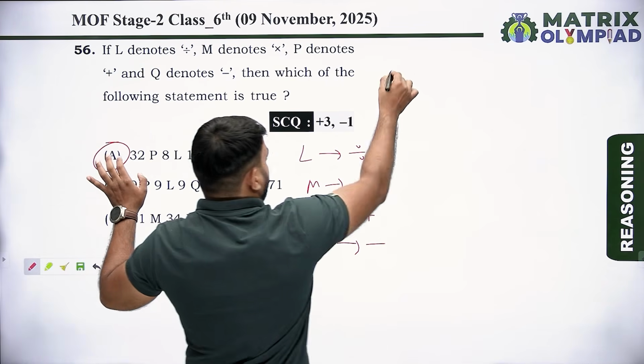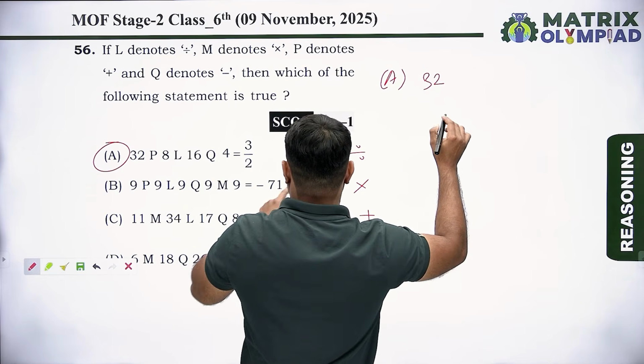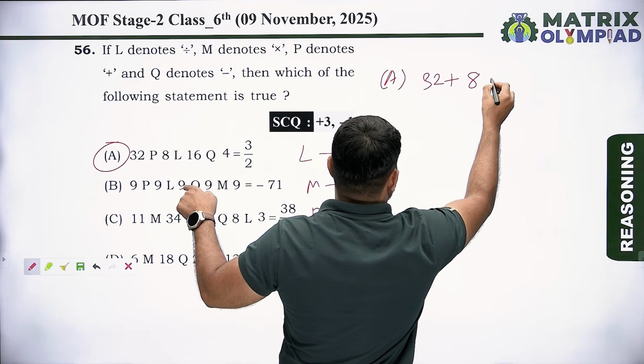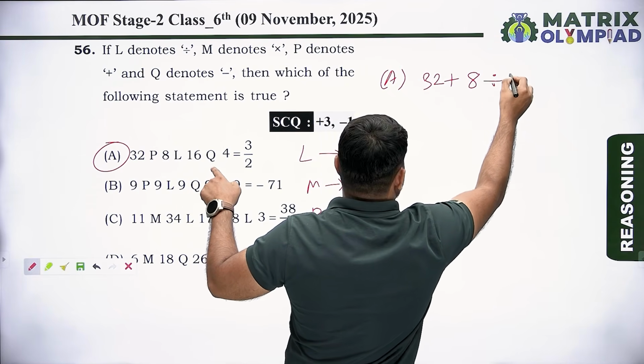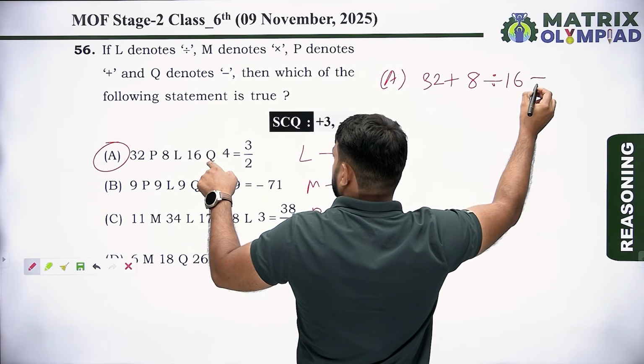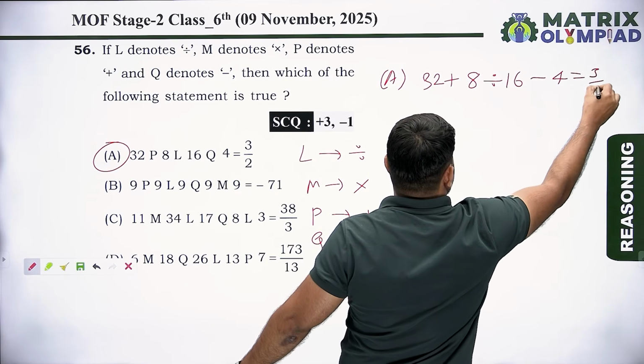So according to option A, 32, P it means plus 8, L it means divided by 16, Q it means minus 4 is equals to 3 by 2.